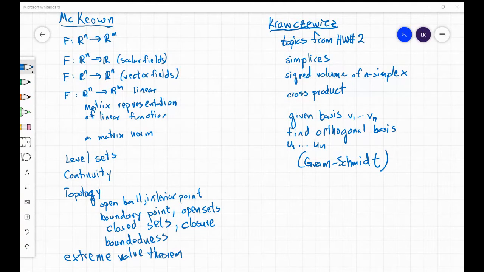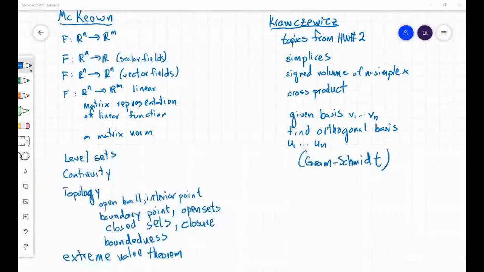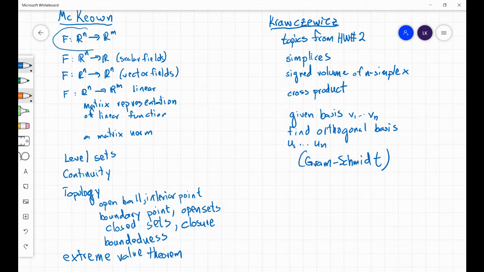All right. So for McCohen's class, the whole homework 3 was about functions, just an introduction to functions from Rn to Rm. And then he had some categorizations of what a scalar field is, what a vector field is, what a linear function is, and how that can be represented by a matrix multiplication.